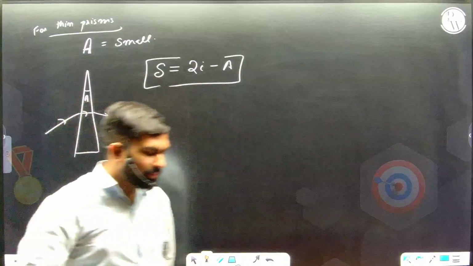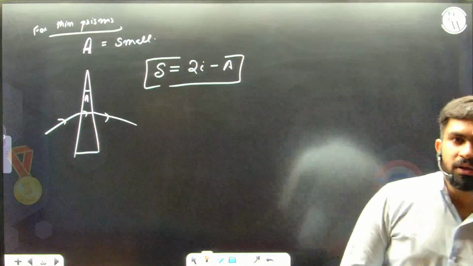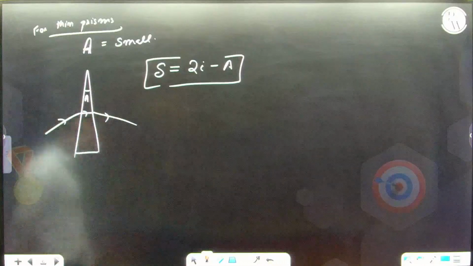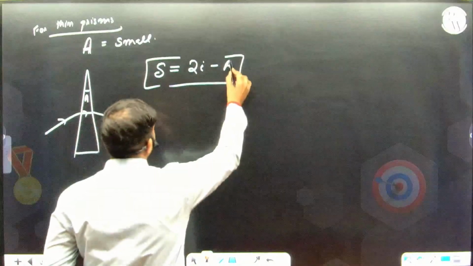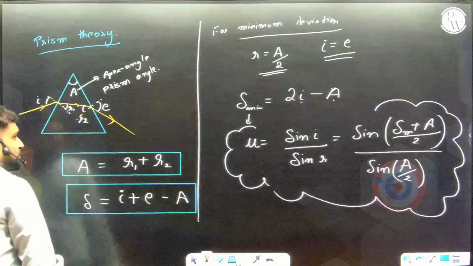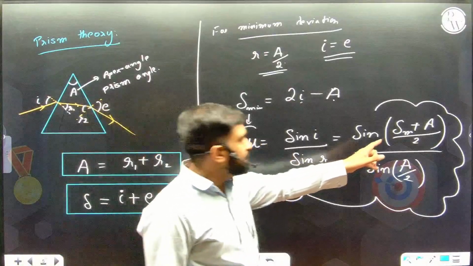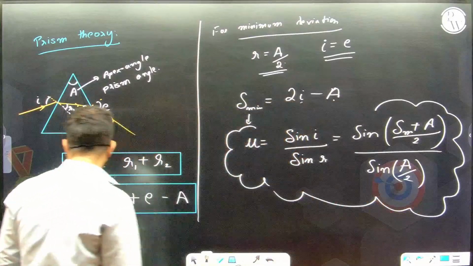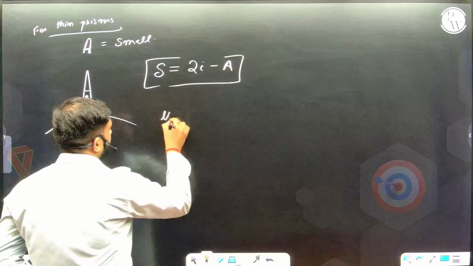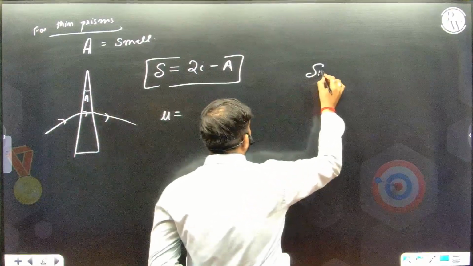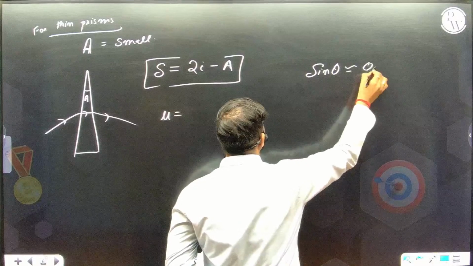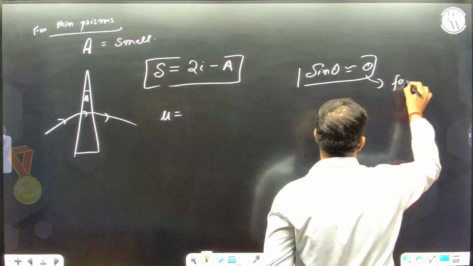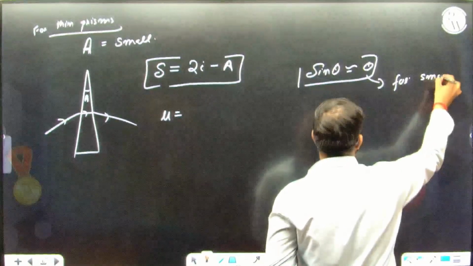Now tell me, if A is very small, won't the delta also be very small? Correct. It will also be small. So all the angles will be small, and I can use the same formula. Here delta m will be small, A will be small. So if you remember the small angle approximation, I can write sine theta is approximately equal to theta in radians, obviously, for small angles.